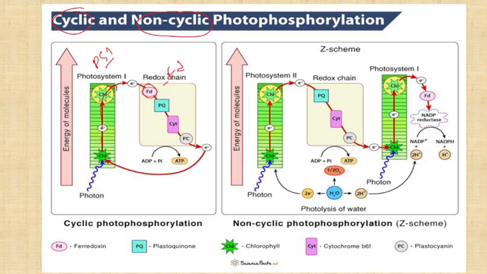If the NADH dehydrogenase enzyme is not present, ferredoxin transfers the electron to plastoquinone, then to cytochrome, then to plastocyanin, which returns it to PS1. This way the electron goes in a cyclic manner and creates a proton gradient that is used for the production of ATP. So the only output in cyclic phosphorylation is ATP.